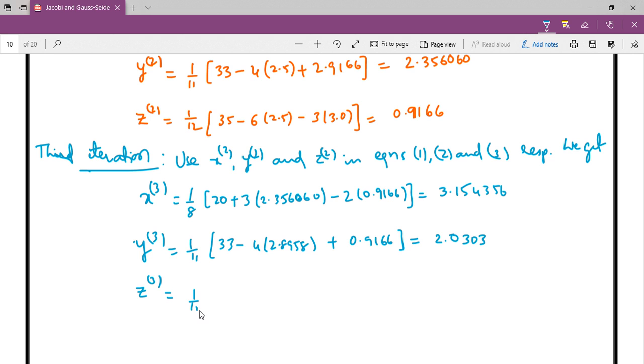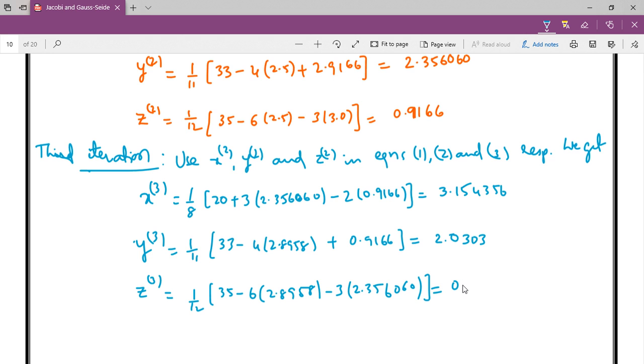So z3 is 1 by 12 into 35 minus 6 into the x2 value, 2.8958, minus 3 into the y value, 2.356060.